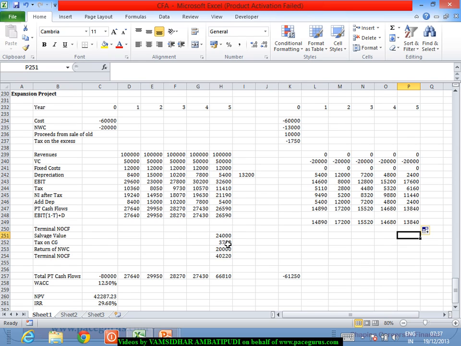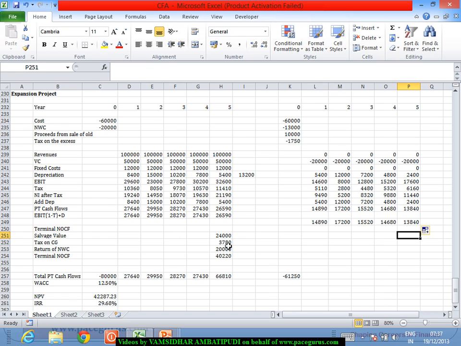The tax gain that I am going to get, all these things will still remain the same because it's the new machine, right? Because it's the new machine, it is still depreciated by that much of amounts.